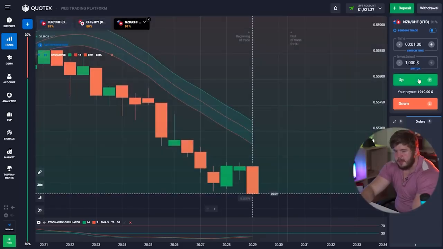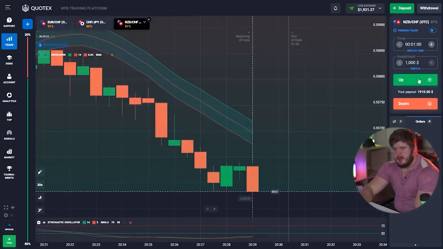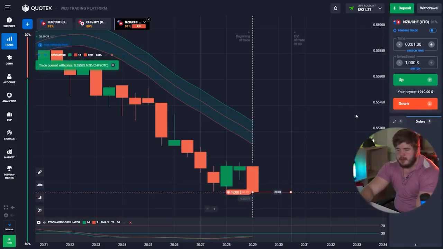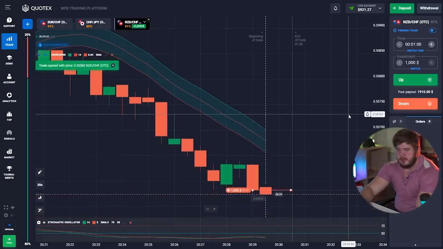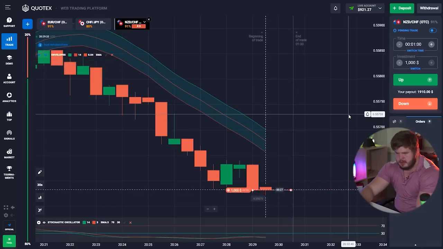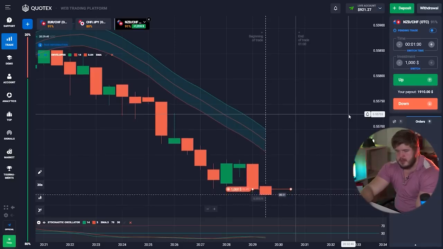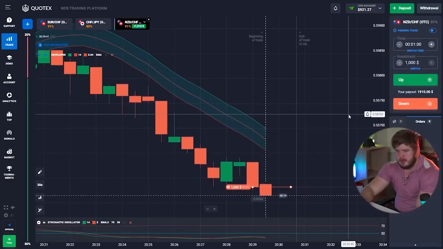Okay guys, so as you can also see here, we are at the bottom of the channel and the trend is going to change a little bit. We opened the sell position while the trend is still downgoing.